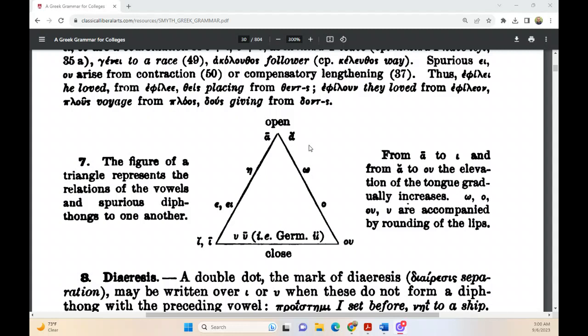It's just important for us to pay attention to how we actually make these sounds, because we're going to see that many of the rules in Greek are based simply on how easy it is for the speaker to make the sound. So sometimes spellings will change, vowels will be dropped, vowels will be joined together, and you may wonder, why in the world would they do that?